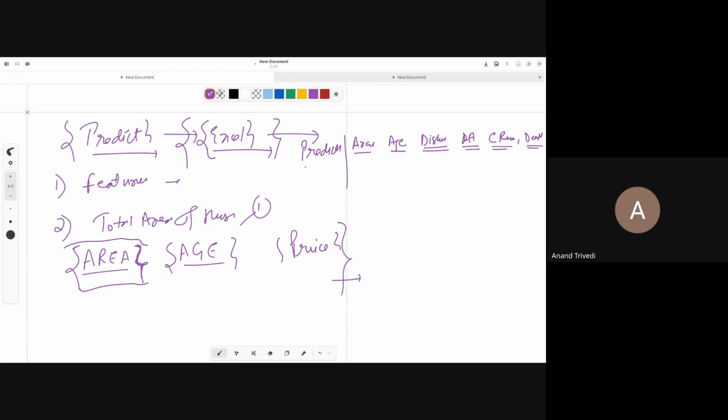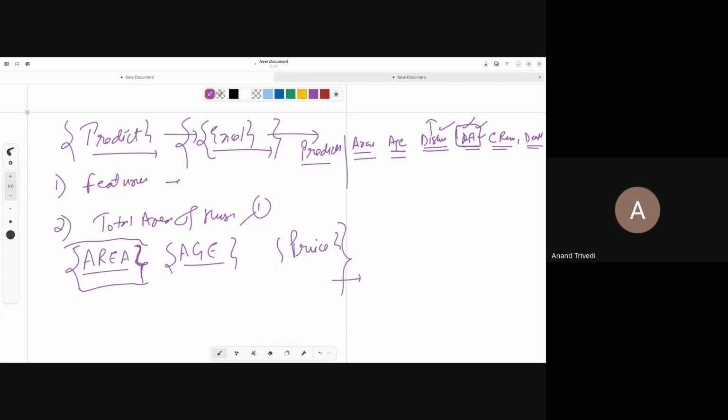But here we have area, age, how far it is from the city center, and the distance from all of the amenities. If you want more, you can have distance from schools, hospitals, and supermarkets. You can have three different columns also.